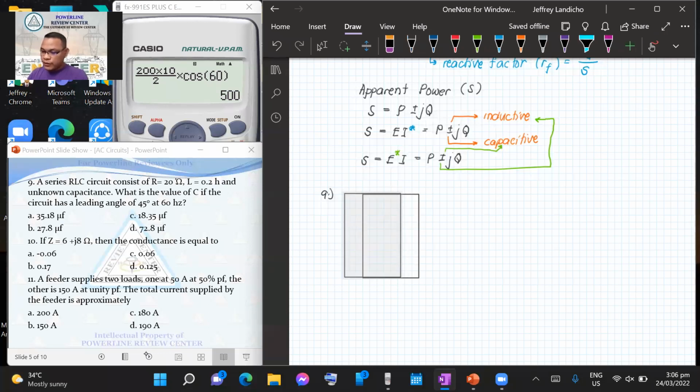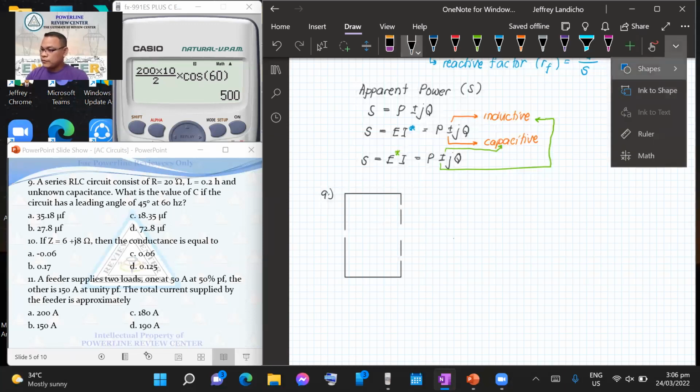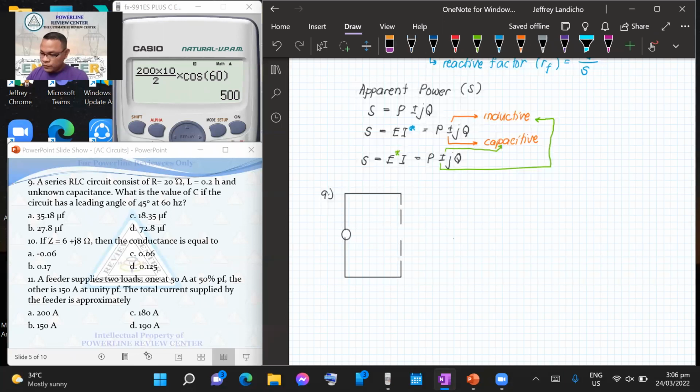So let us consider our series RLC. So we have the resistance, inductance, and the capacitance.